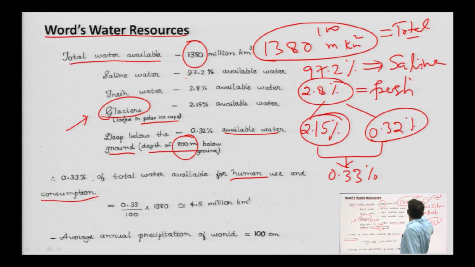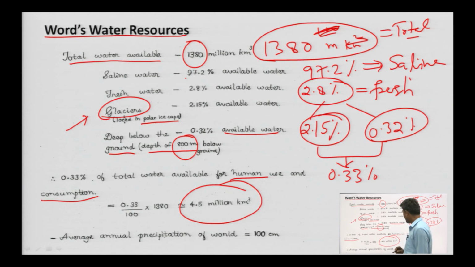So, the 1380 million cubic kilometer turns into only 4.5 million cubic kilometer. This much quantity of water is available on our planet.